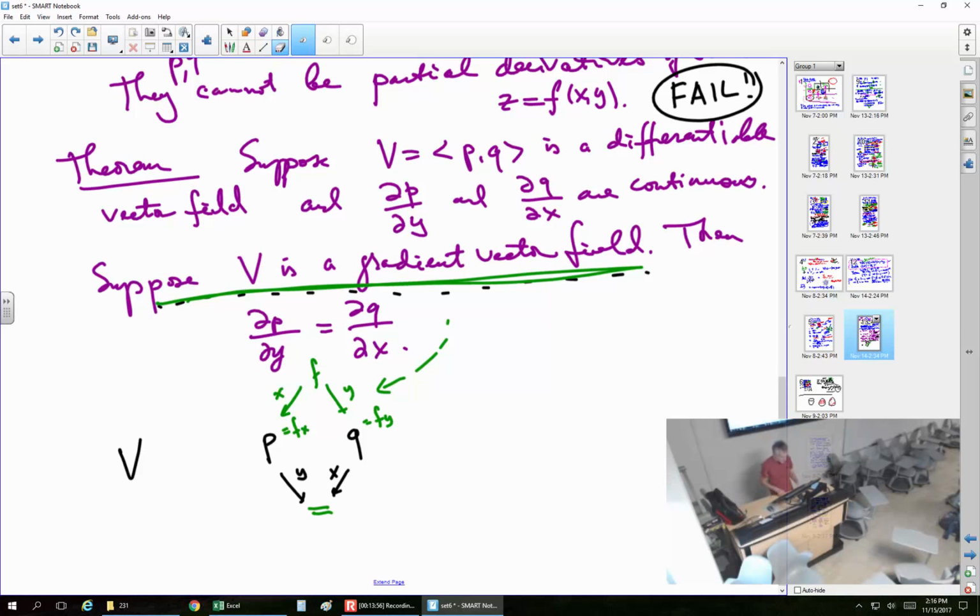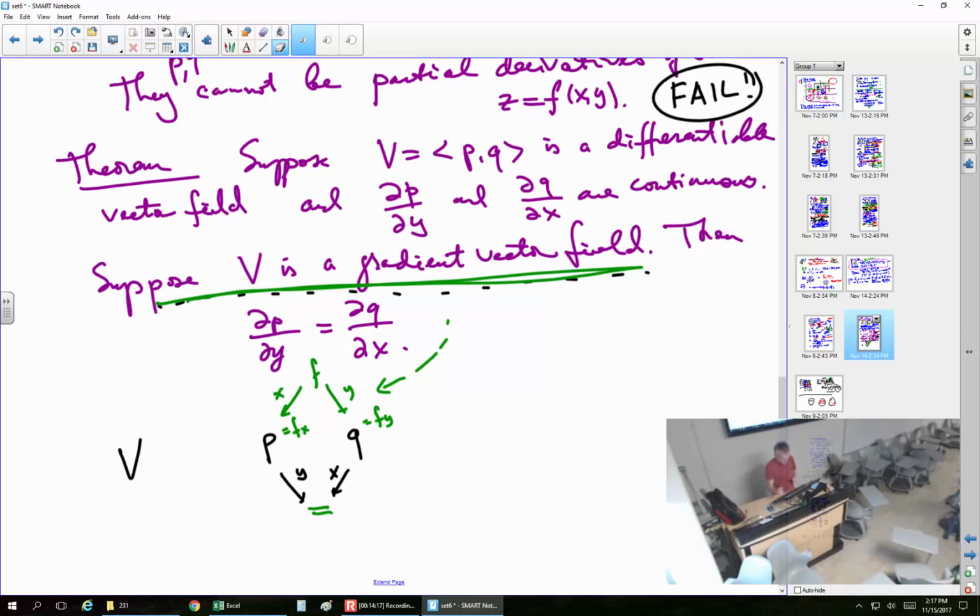Okay, so before I look at some examples, let me quickly state the three-dimensional case of this theorem. Let's try it. Let's draw a picture. So we know that the mixed derivatives have to coincide. I'll just take this diagram and make it three-dimensional.